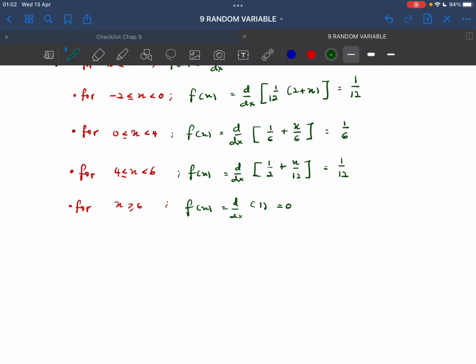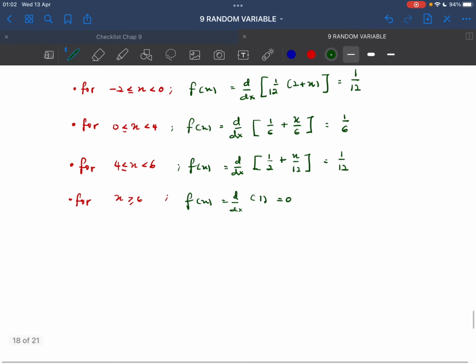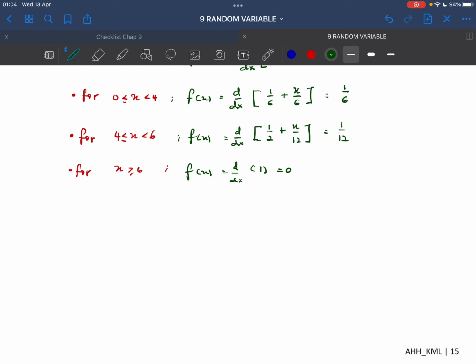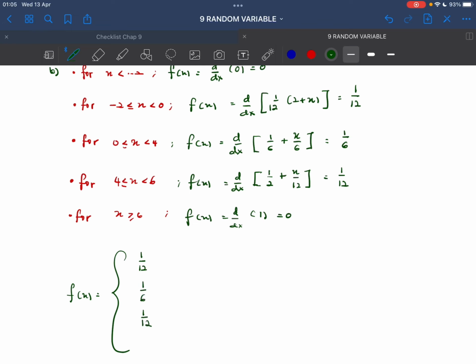So we have everything, so the only thing that we have to do is put it in a piecewise function. We have f(x), small f, for the probability density function. We follow the ranges: 0 otherwise, then 1 over 12, 1 over 6, 1 over 12, and the last one is 0.